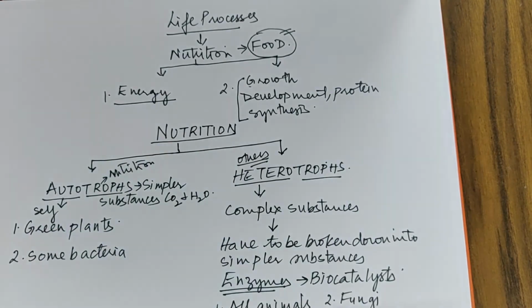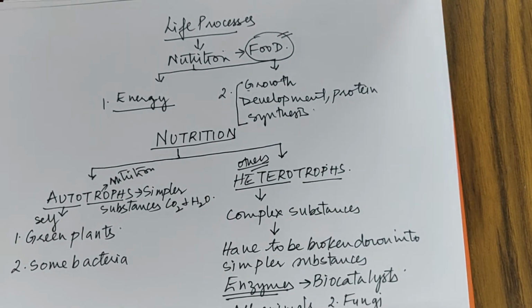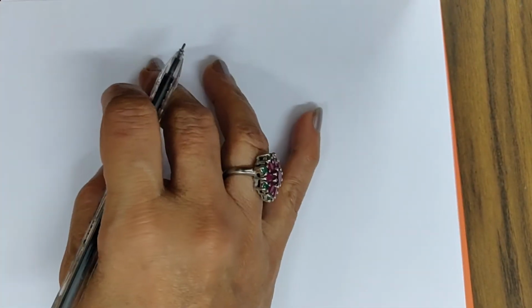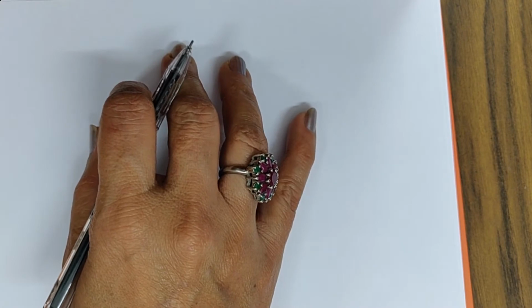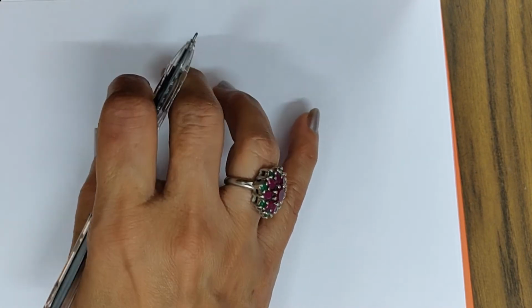Now let us take up the autotrophic mode of nutrition. As I have already told you, autotrophic nutrition is done by certain bacteria and green plants. Not certain green plants, all green plants.